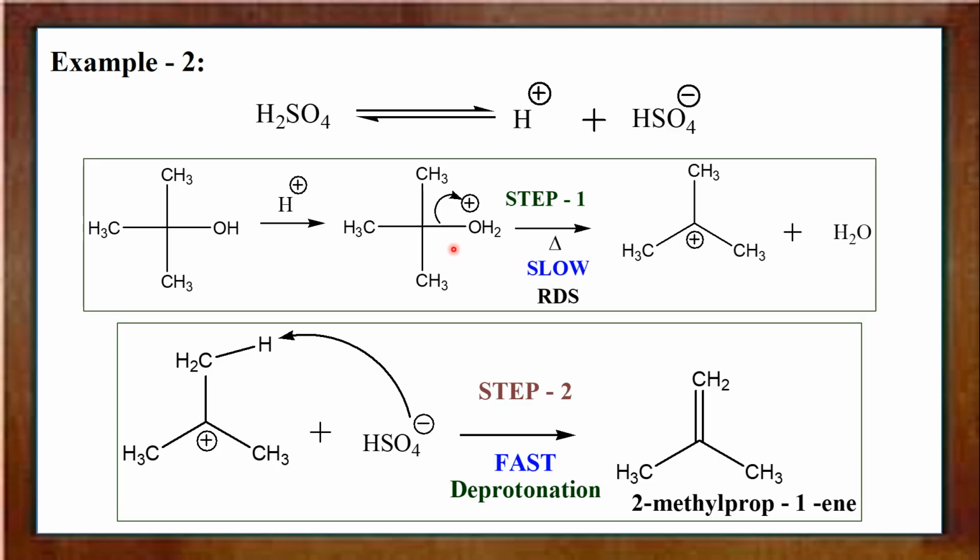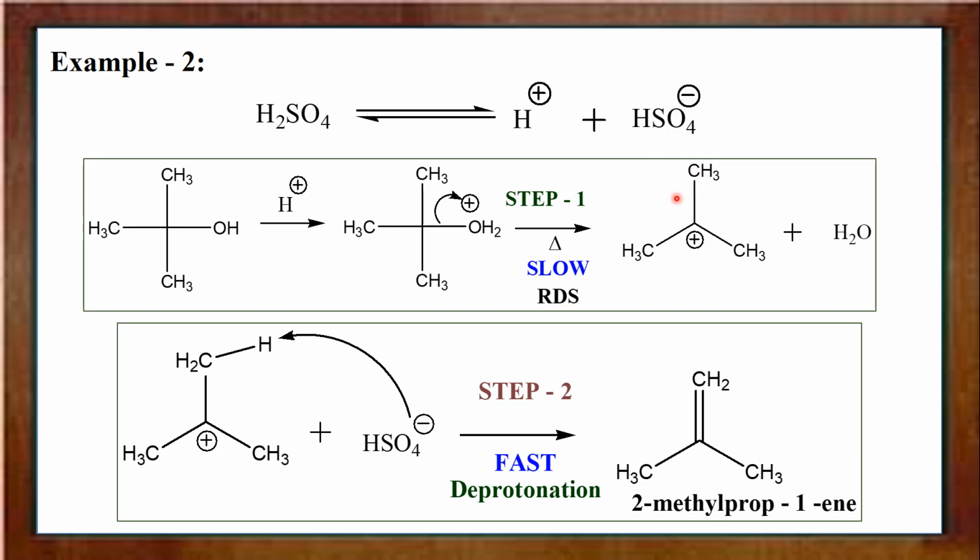Once we heat this, carbon-oxygen bond breaks and a water molecule is removed, resulting in the formation of a carbocation. So this first step involving bond breaking is the slow step, and the slow step is called rate determining step.